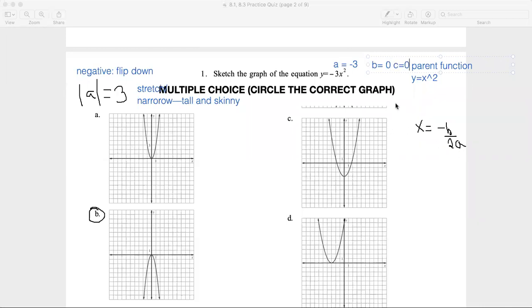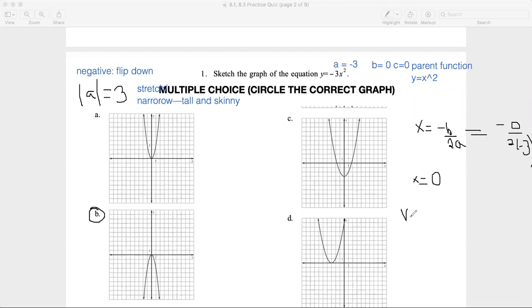Now you could choose to do it the way we've been doing most recently, x equals negative b over 2a, and then it would be negative 0 over 2 times negative 3, and that would give you a 0. So your line of symmetry would be at 0, so x equals 0. Okay, remember, always put x equals.